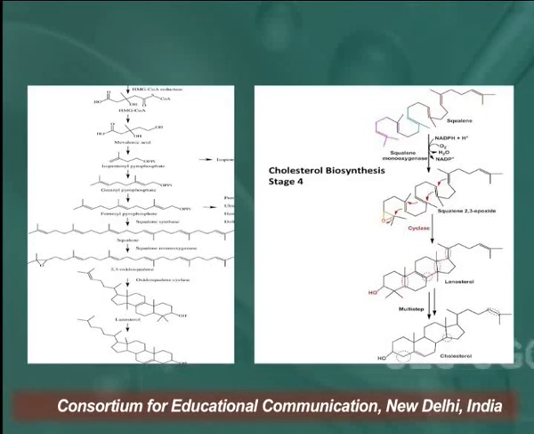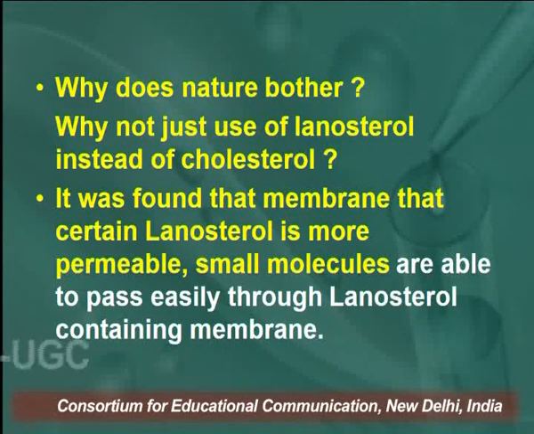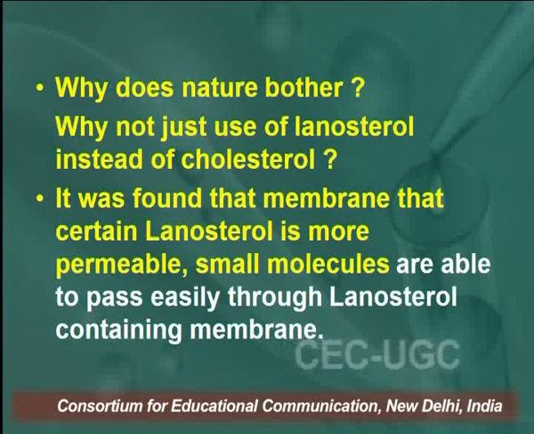As I told you, lanosterol also contains chiral carbon atoms, but during the enzymatic process all the isomers convert into only one form, that is cholesterol. It is very important, learners. Why does nature bother, and why not just use lanosterol instead of cholesterol?